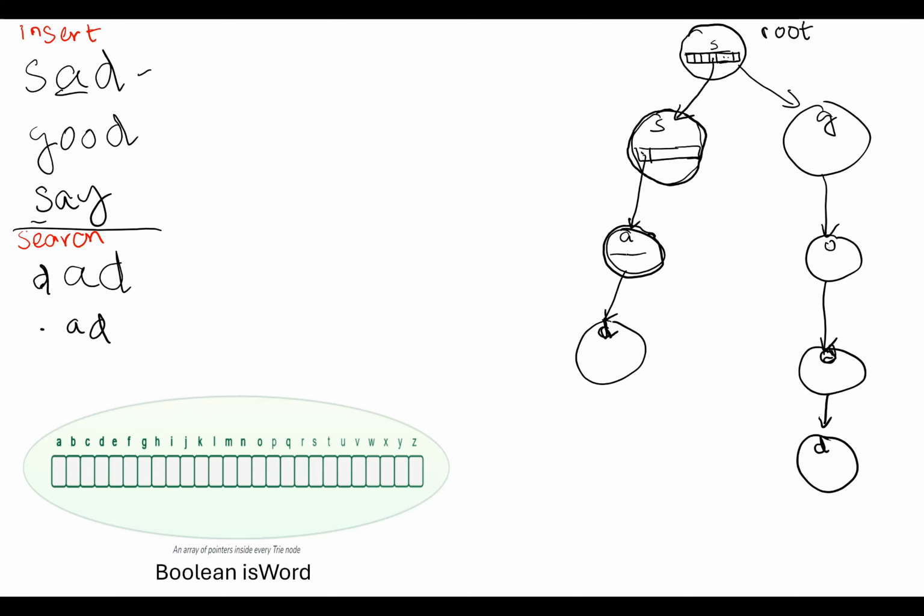Now inside A, we look for Y, right? And as you see, the only child that A has is D. So there is no child for Y yet. So Y is going to be here, right? Okay, so what we are going to do is we are creating a node for Y and make this isWord true. Also, isWord is true here.